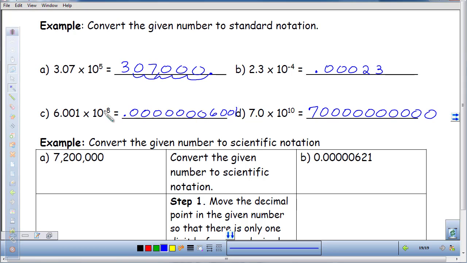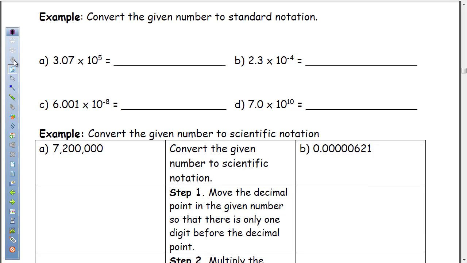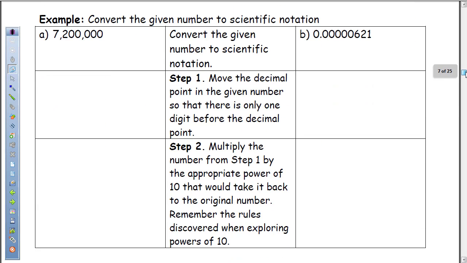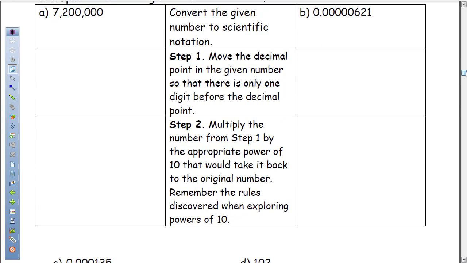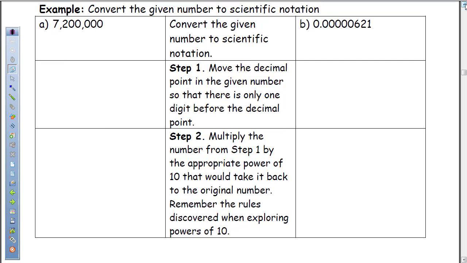Okay. All right. Well, what if we're trying to convert a number to scientific notation? I've got some step-by-step instructions here. Convert the given number to scientific notation. We've got 7,200,000.